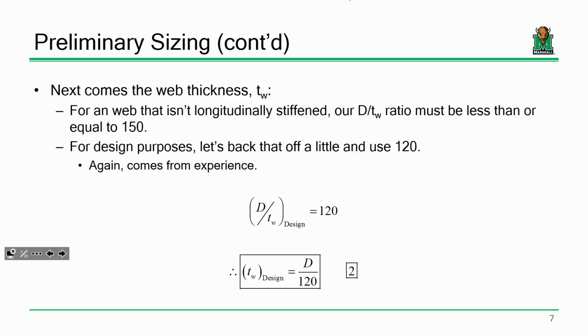In a design scenario, you want your web to be a little more stocky than that. So let's back that off and use 120. Again, that comes from experience. So a design web thickness would be whatever your depth is divided by 120. So there's a starting value for your web thickness.